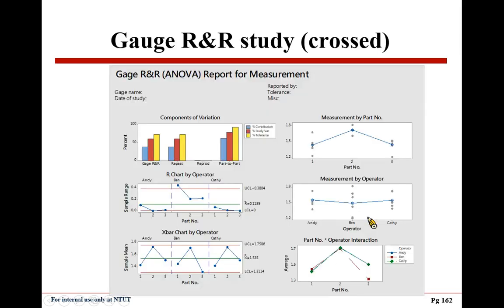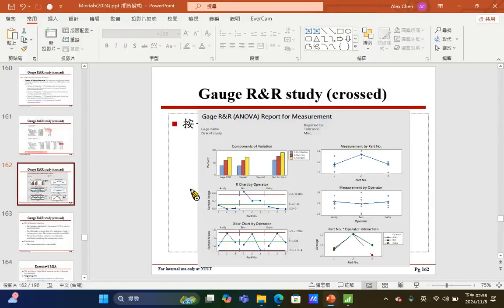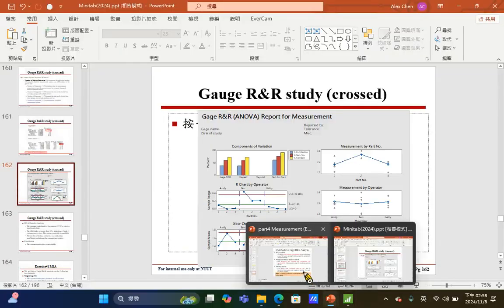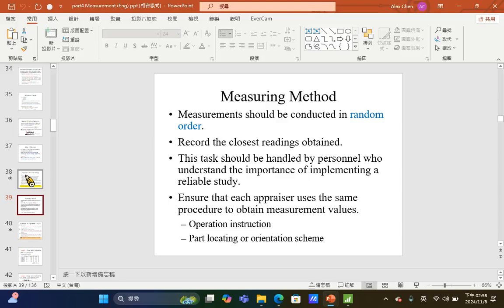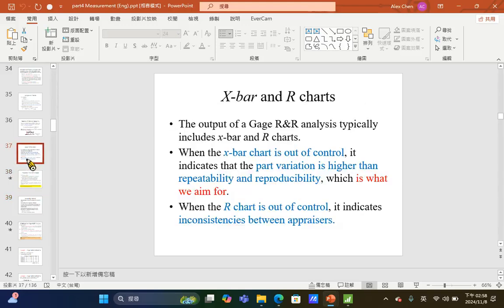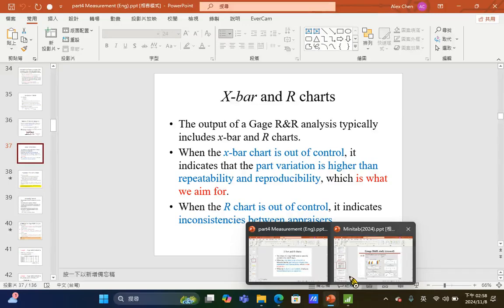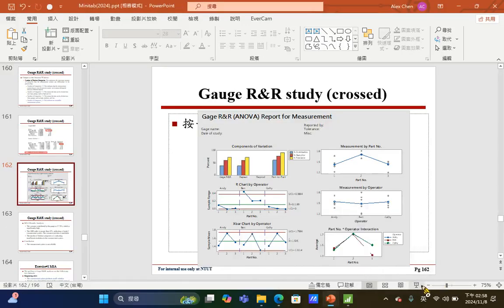The Xbar-R chart shows the R chart is out of control. That means, if the R chart is out of control, there is inconsistency between the operators. So we can make a conclusion for this.